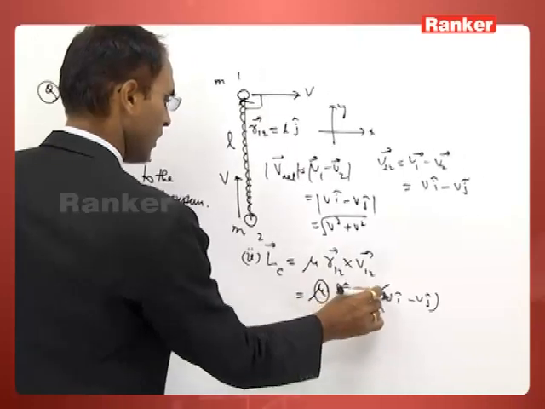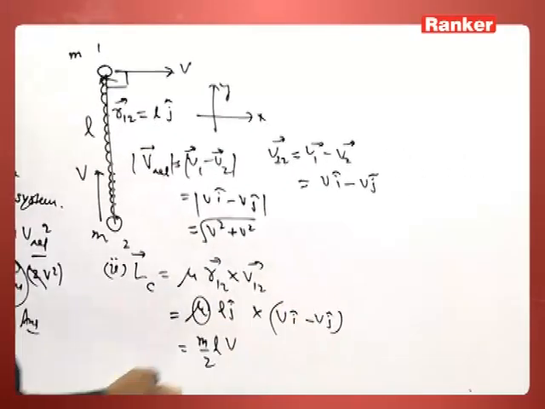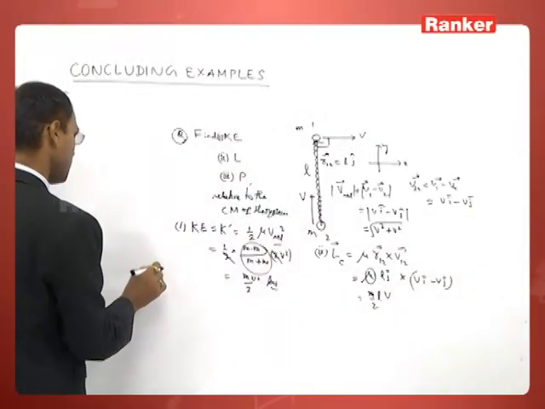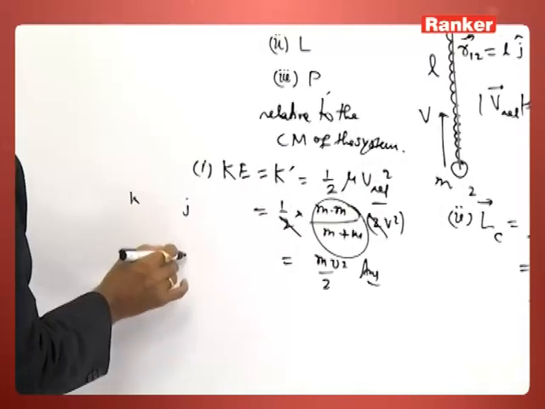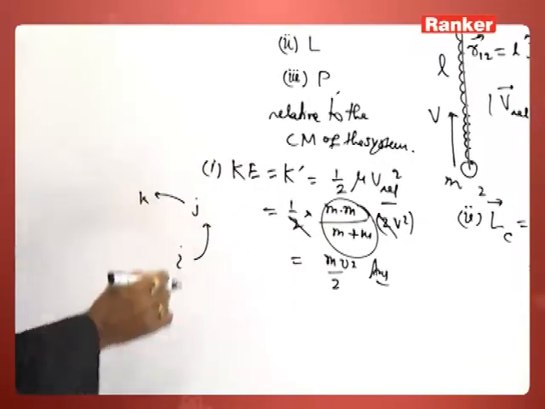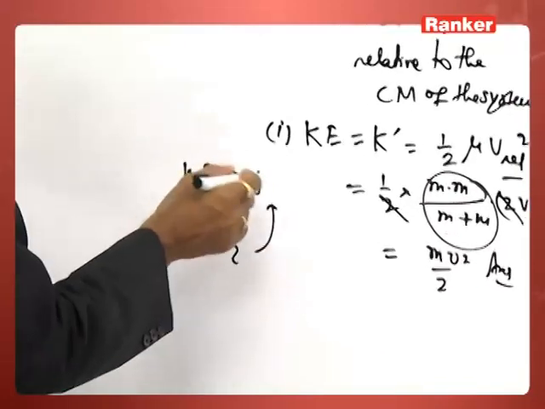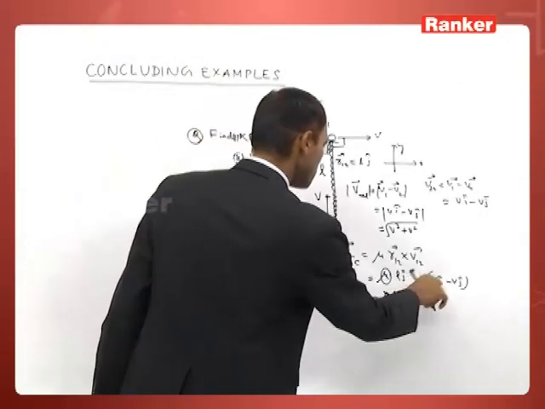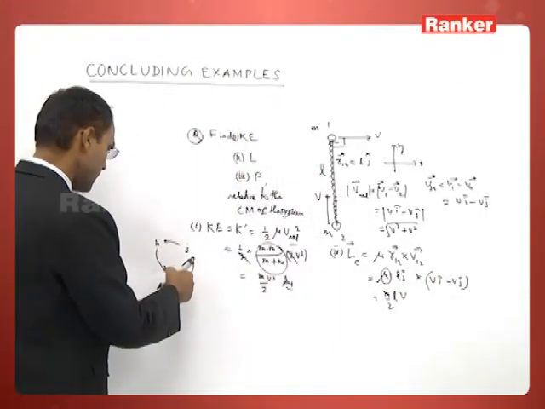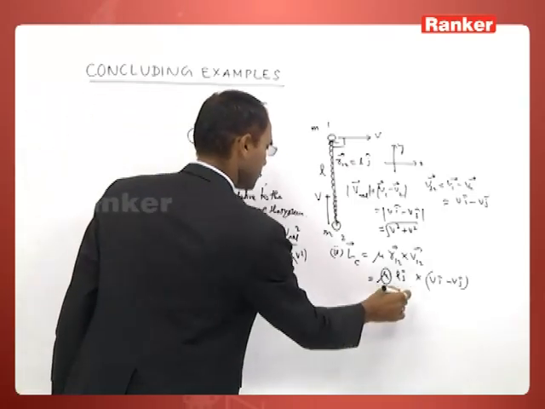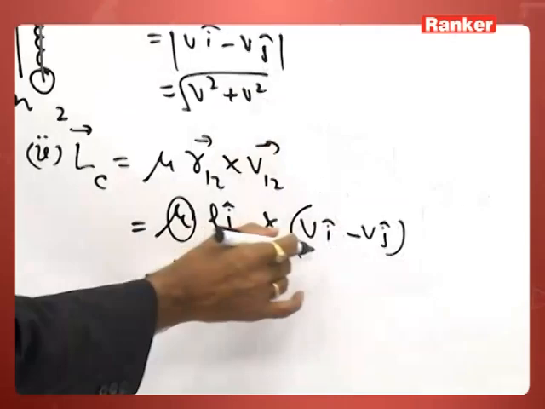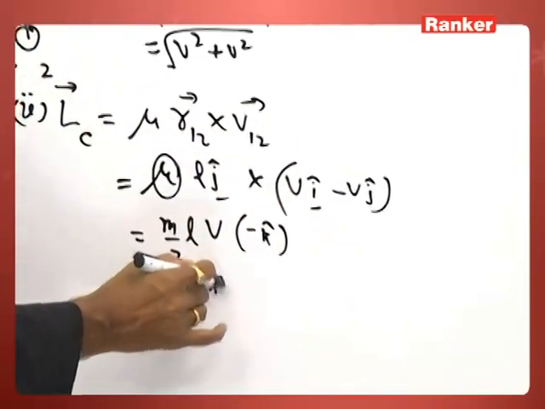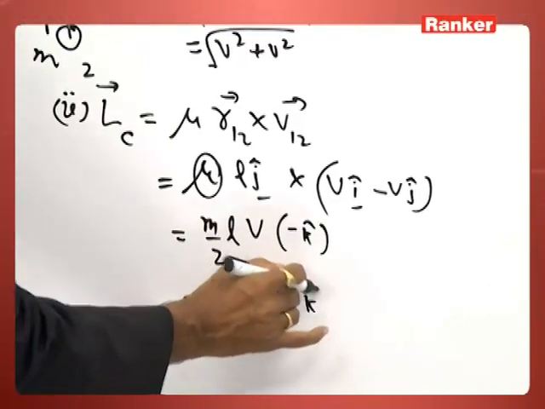L, you take V out of the bracket, j cap cross i cap. i j k: i cross j equal to k, j cross k equal to i and k cross i is equal to j. j cross i is equal to minus k. j cross j is equal to 0. Therefore, you are getting minus mvL by 2 k cap.